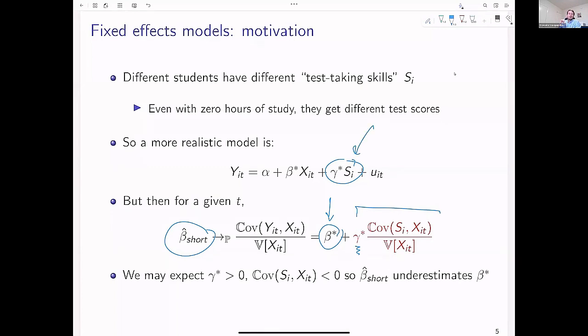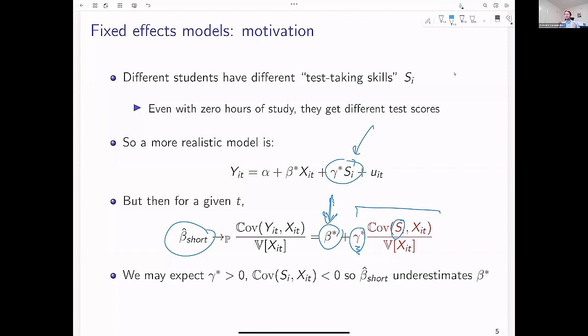Okay, so the overall effect of changing hours of study is a combination of the actual effect of hours of study plus the fact that when you increase hours of study, that is associated with lower test-taking skills, and that changes the outcome. Okay, so with this short regression, you cannot disentangle these two effects.